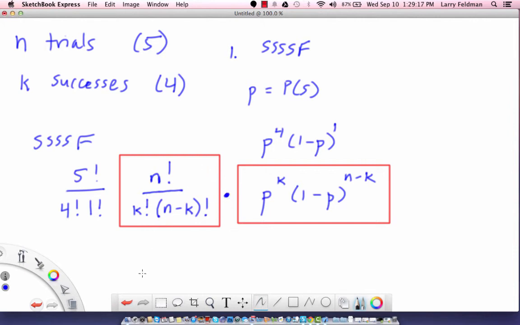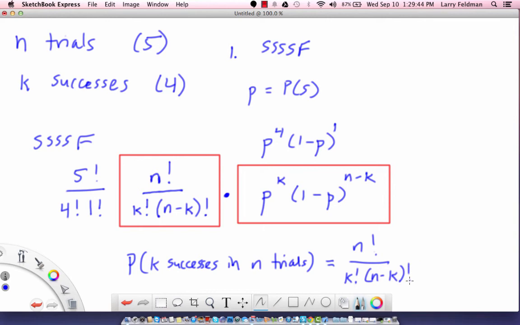So, to summarize, the probability of k successes in n trials is n factorial over k factorial times n minus k factorial, times p to the k, times 1 minus p to the n minus k.